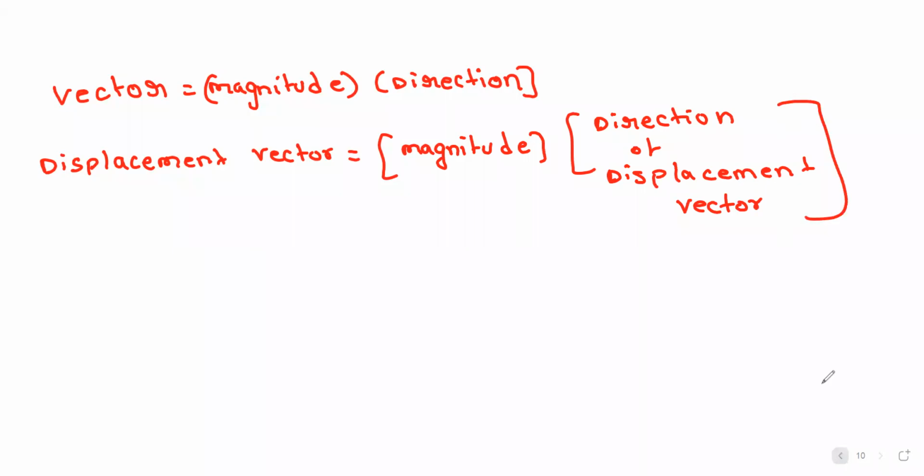Now look here. What is this direction? The unit vector representing this direction is j cap. And this direction is i cap.